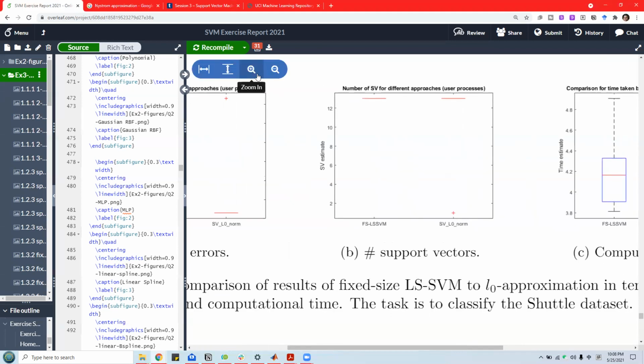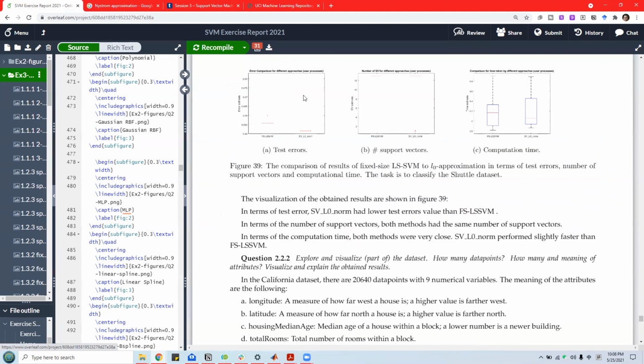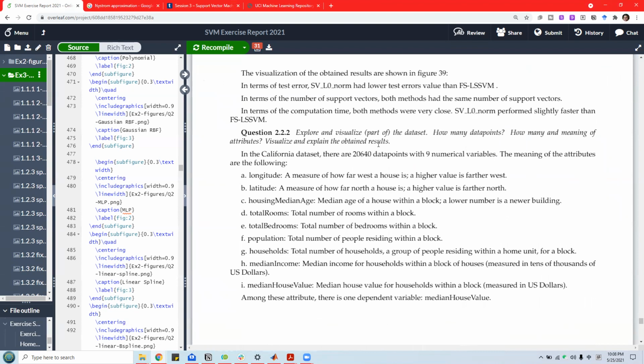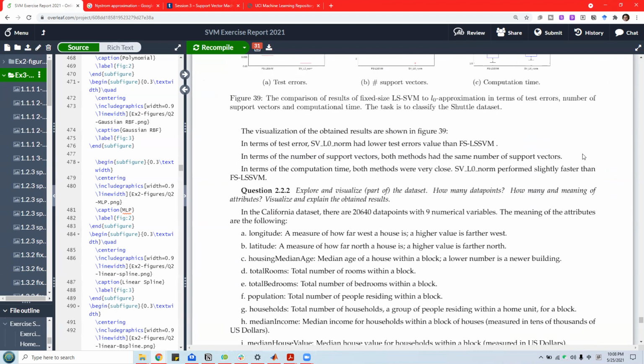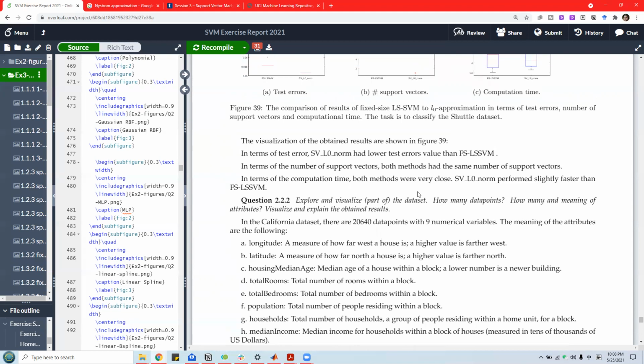The next one is the California data set. Here you need to explore and visualize the data set, how many data points, and so on. You also need to explain the meaning of each attribute.